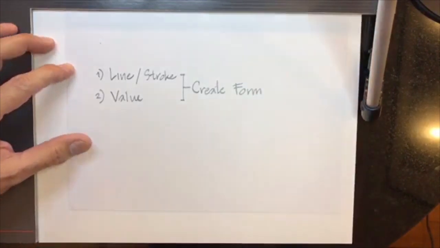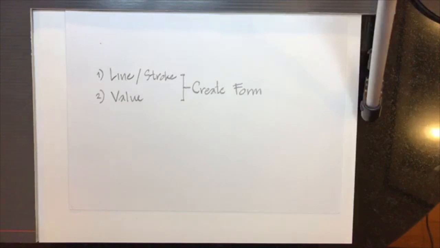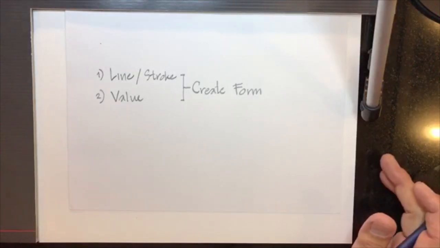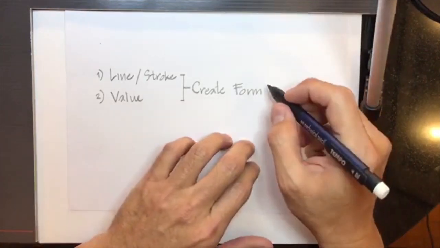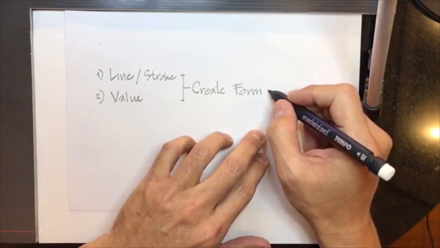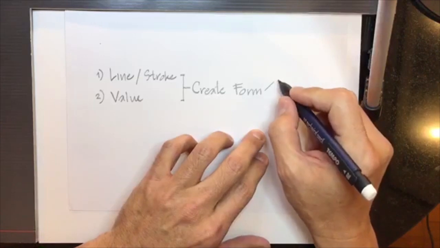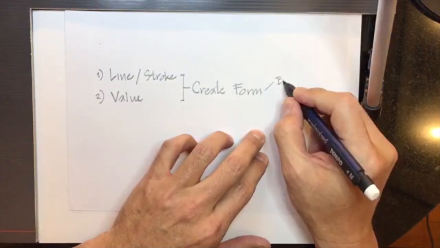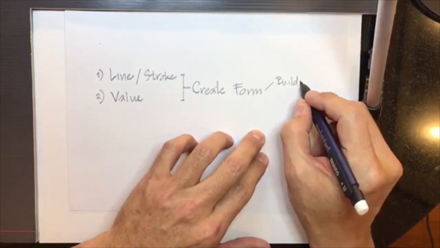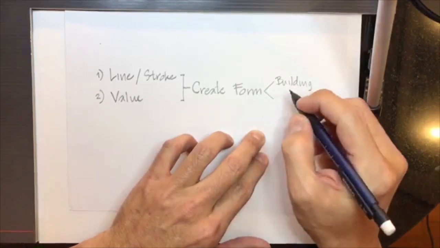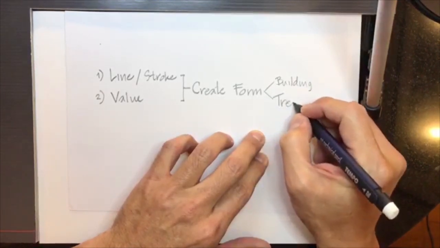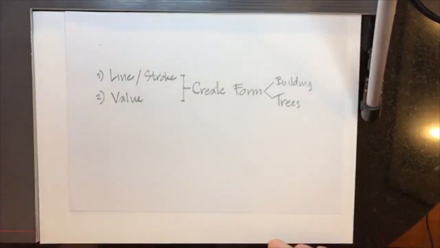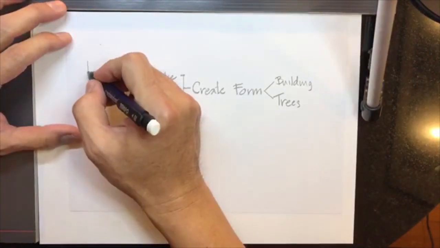We use only line and value to create form. In the workshop today, we will talk about 2 kinds of form. The first one is buildings, the form of the building. And the second one is the form of the trees. Just 2 points, 2 contents for the workshop today.